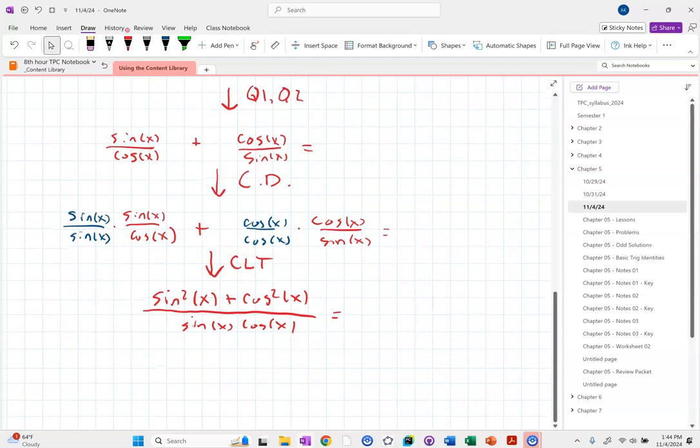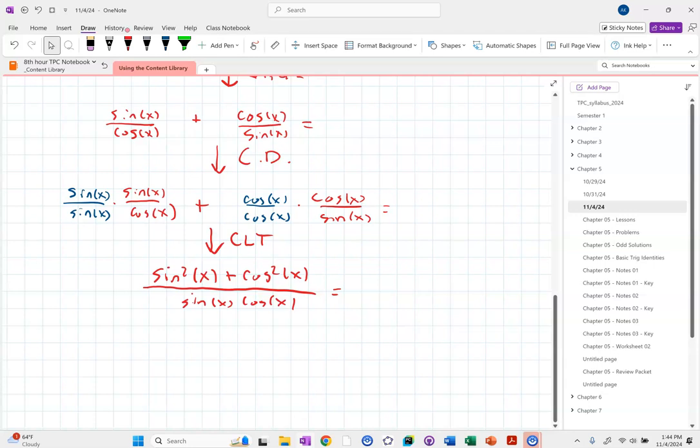And now let's look at what we have here. Well, now I see something immediately that's going to be a good decision, right? What do you notice is going on? Sin squared plus cosine squared. Yeah, that's P1. I know that that's 1, which is great because now I've gotten rid of all the addition and subtraction, right?